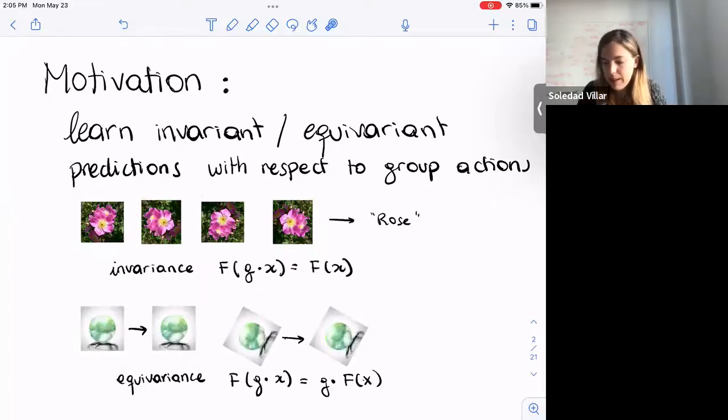So in this case, I have these flowers, and the classification is rose, and this classification is invariant with respect to rotations. f(g·x) = f(x). So if I'm training a classifier for images, I may want to introduce that symmetry into the model so that it can satisfy some symmetries that we actually observe.